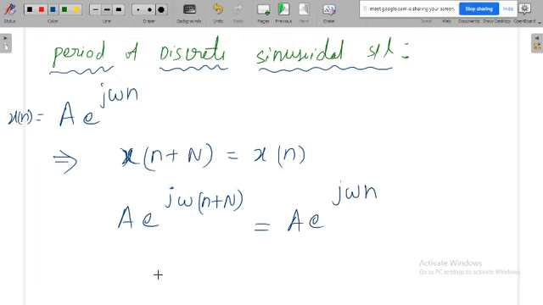Now A will cancel, then you split the term: e power j omega n times e power j omega capital N is equal to e power j omega n. Now this term and this term will cancel. So what is surviving? Only e power j omega N.